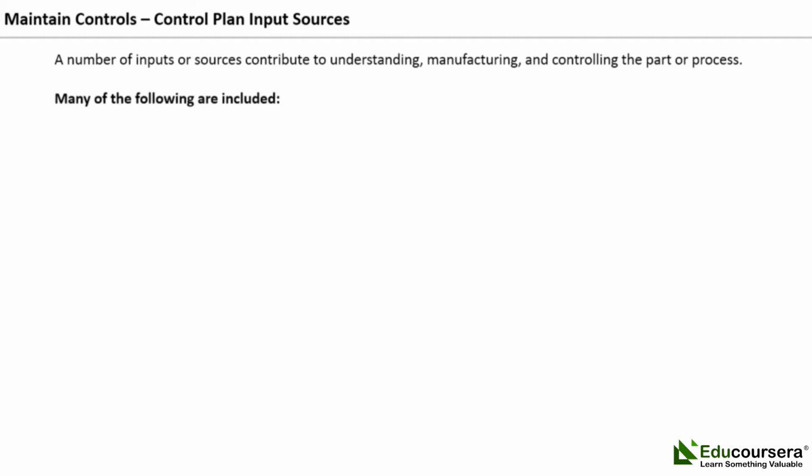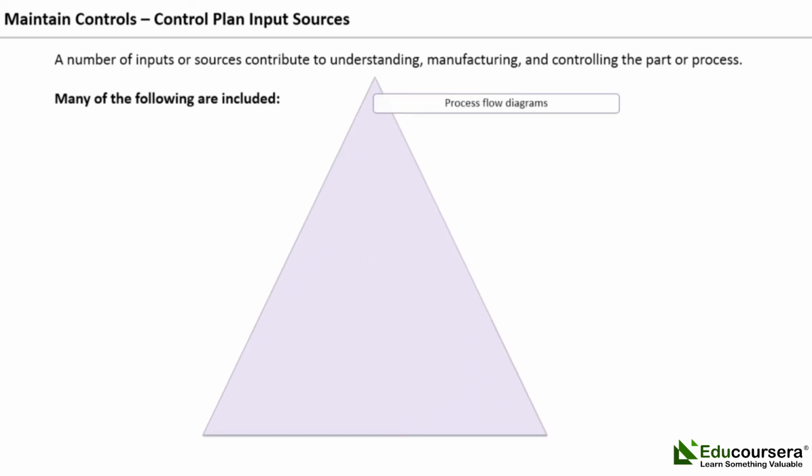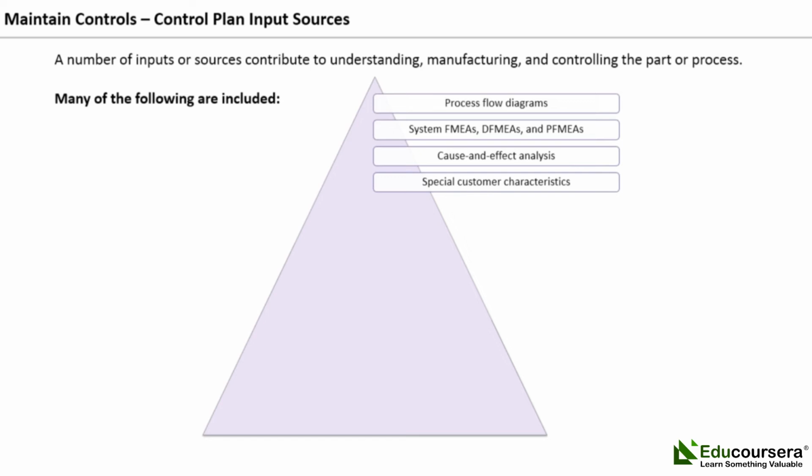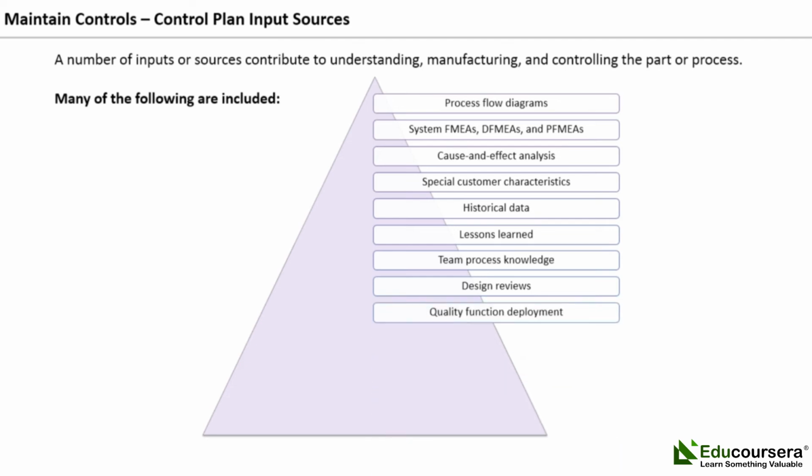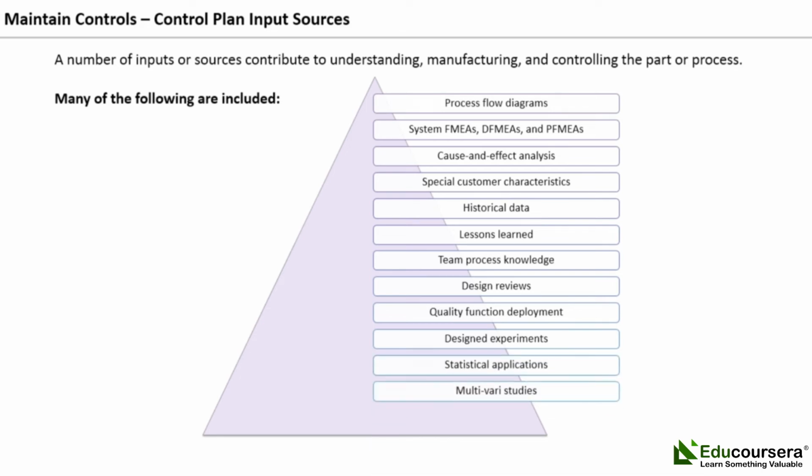Many of the following are included: process flow diagrams, system FMEAs, DFMEAs, and PFMEAs, cause and effect analysis, special customer characteristics, historical data, lessons learned, team process knowledge, design reviews, quality function deployment, designed experiments, statistical applications, multivariate studies, regression analysis.